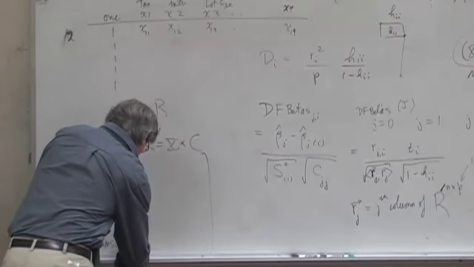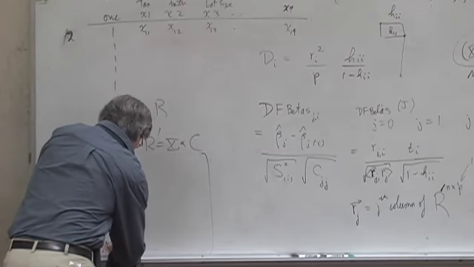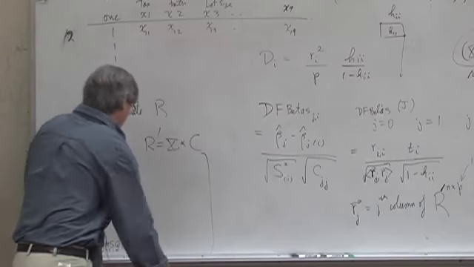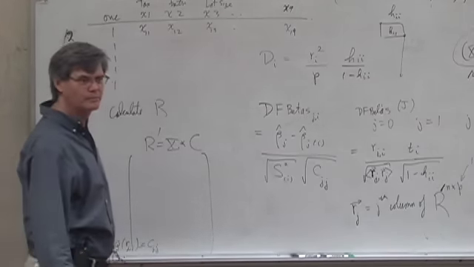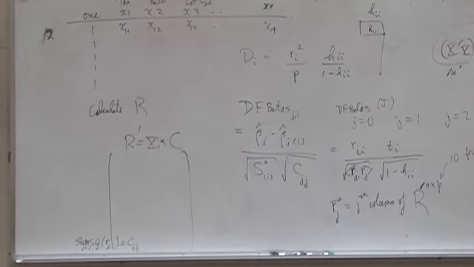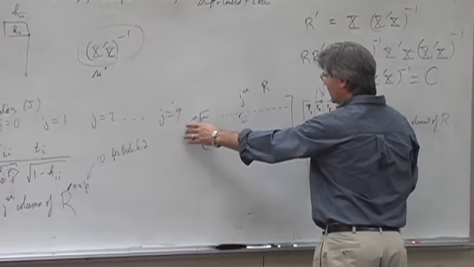Sum of the squares of the R_ji, where i goes from 1 to n, is equal to C_jj. Because C_jj is the jth row, jth column here. That's what C_jj is.